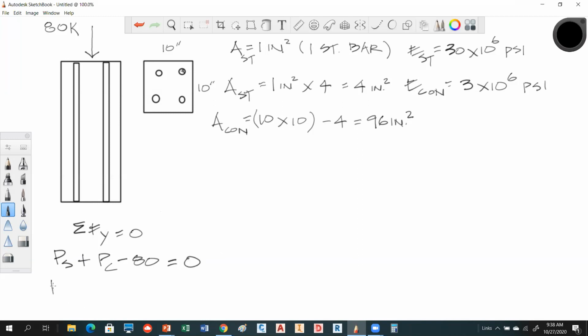All that essentially tells us is that the force in the steel plus the force in the concrete has to be equal to 80 kips. That's all we know. We also know, because these materials are acting parallel and in concert with each other, that the deformation of the concrete has to be equal to the deformation of the steel.